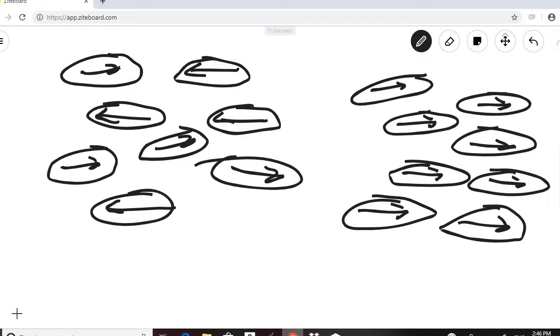So if this creates a really strong magnetic field, then that is what we consider a permanent magnet.